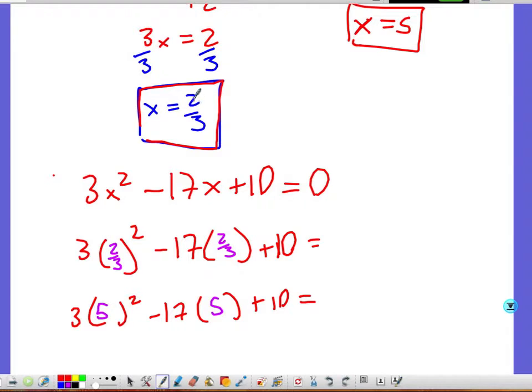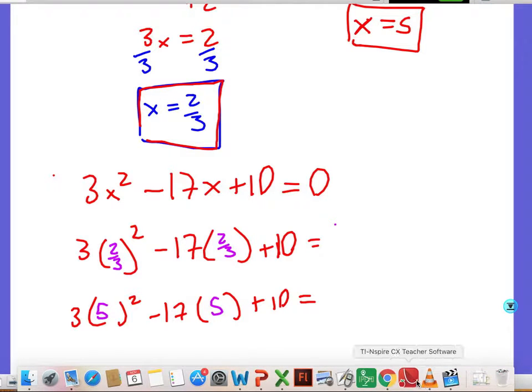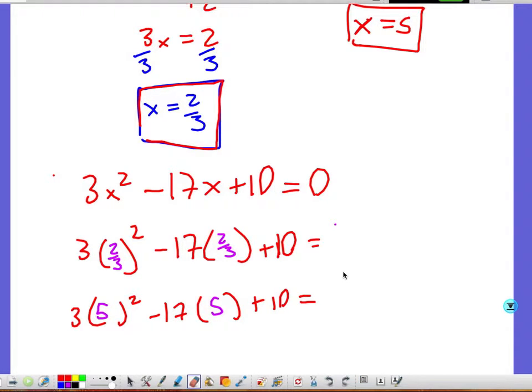When I plug in 2 over 3 for x, is it going to give me 0? And if I plug in 5 for x, is it also going to give me 0? So we have to check to see if this is actually true and see if the math actually works.